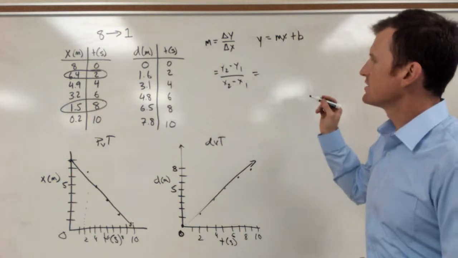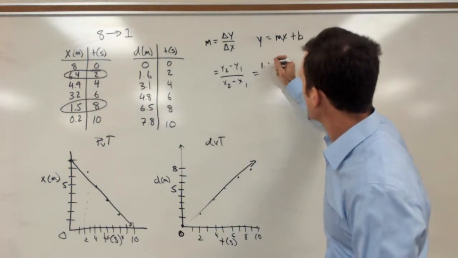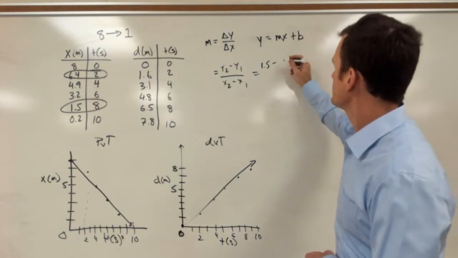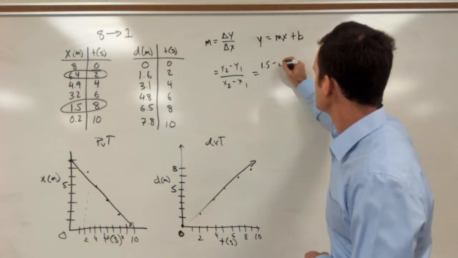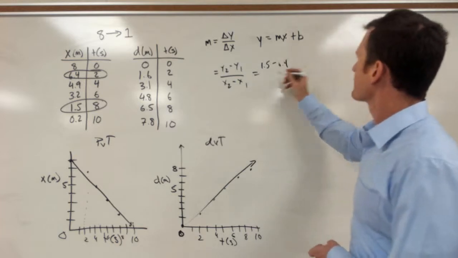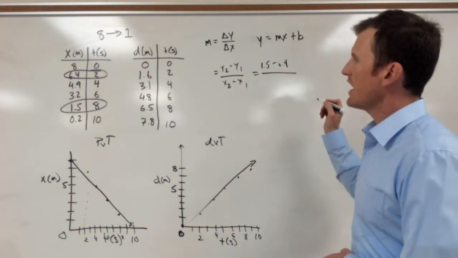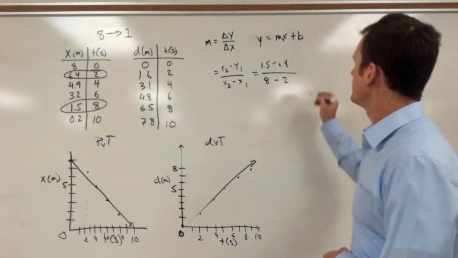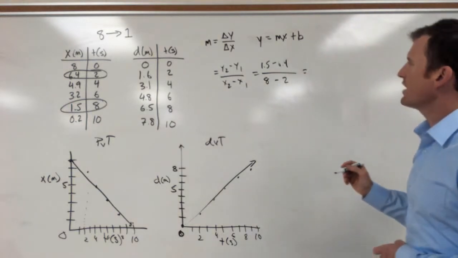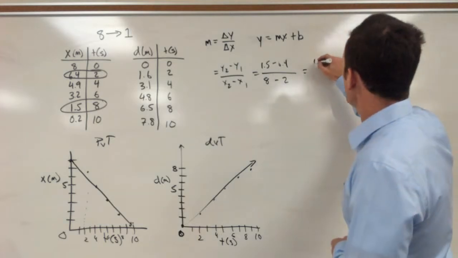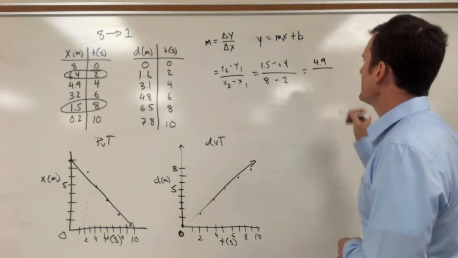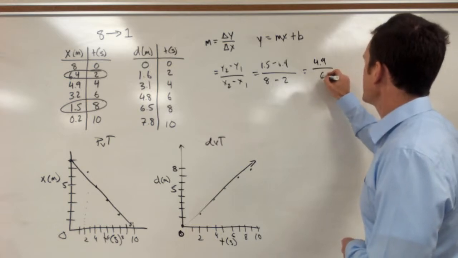So our y2 is 1.5, and our y1 is 6.4. Our x2 is 8, and our x1 is 2. So when we do this math, we have 4.9 over 6.